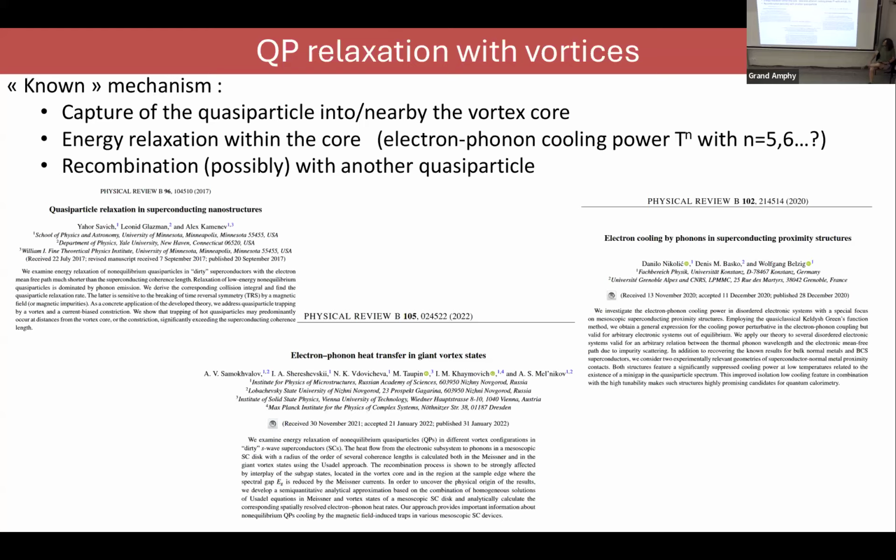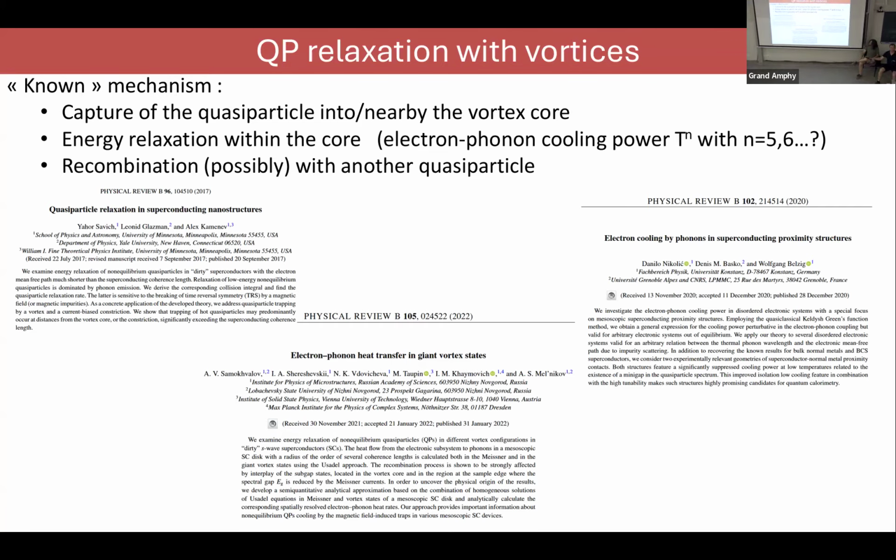You capture a quasi-particle and then you get fast relaxation inside the core, or eventually a recombination with another. Here I show a few papers which deal with that. This one I found this morning also treats the exponent.